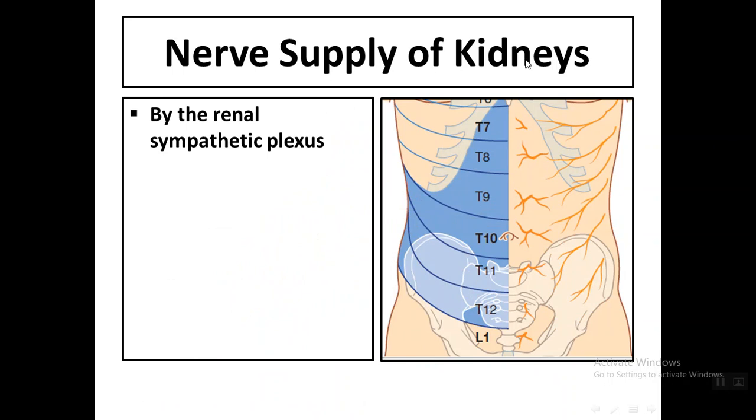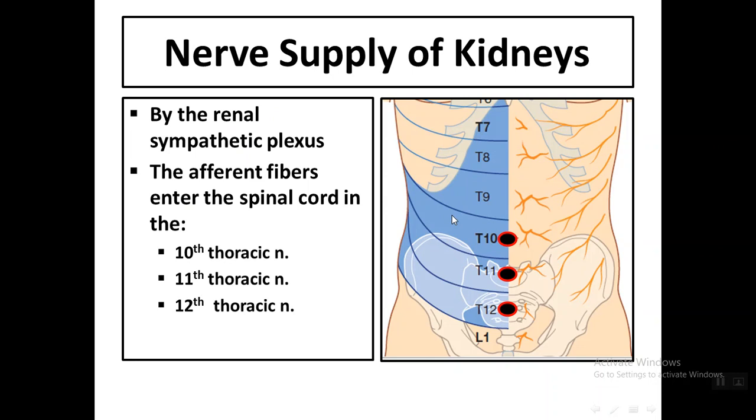The nerve supply of the kidney is from the renal sympathetic plexus. The afferent fibers that enter the spinal cord through this plexus enter at the 10th, 11th, and 12th thoracic nerves.